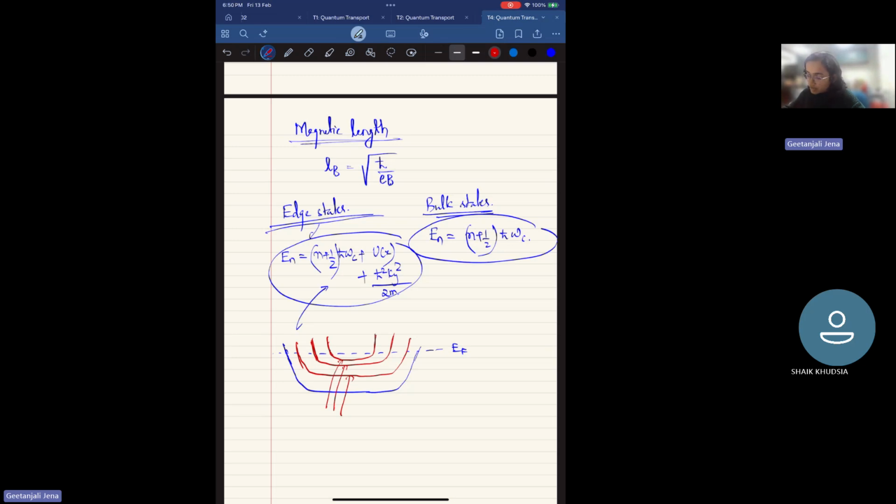To find out the number of edge states, we just need to calculate the filling factor. The filling factor, if you recall, gives the number of occupied Landau levels, and for each occupied Landau level we will have one edge state. So the number of edge states will be equal to the number of occupied Landau levels.